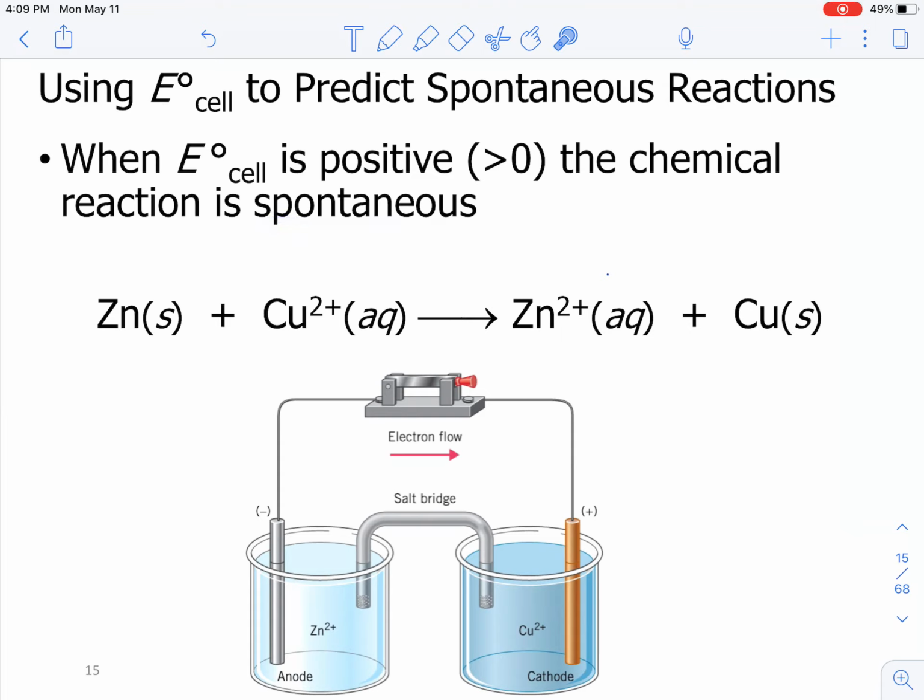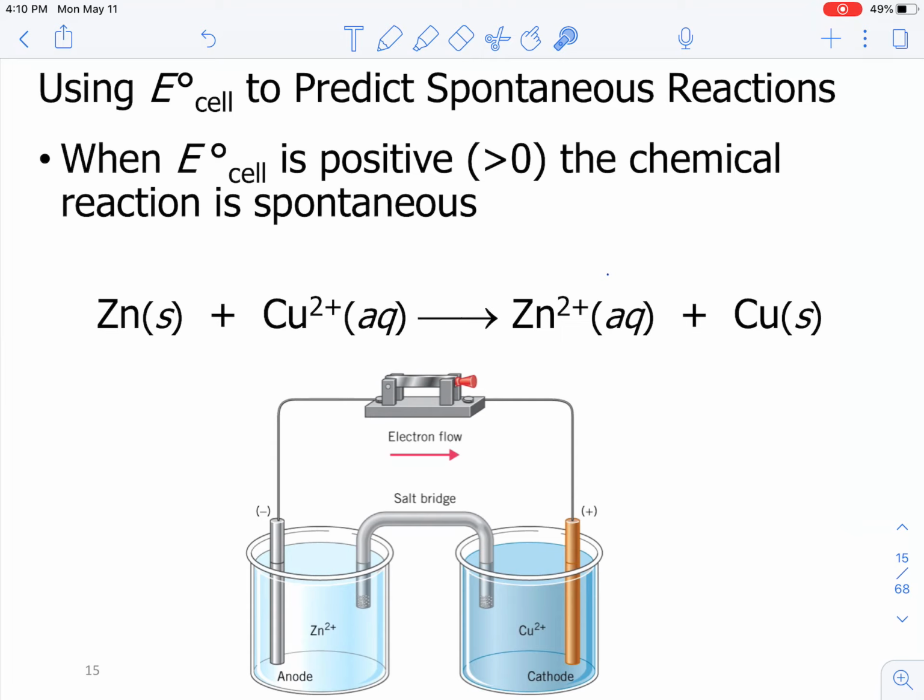When the standard cell potential is negative, then the chemical reaction in the forward direction is going to be non-spontaneous.